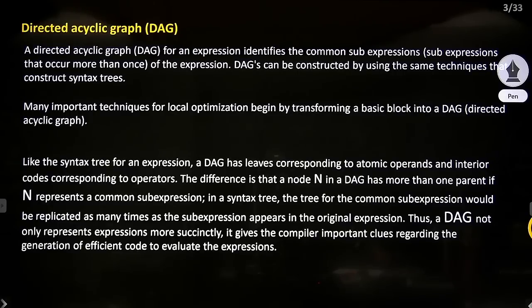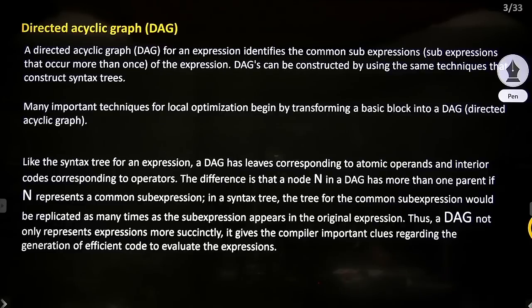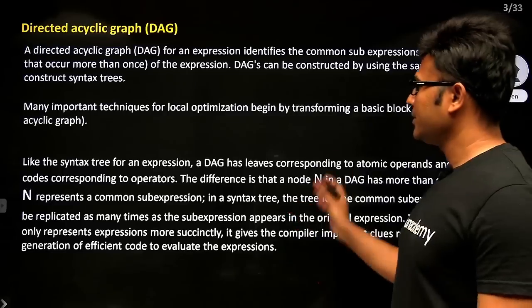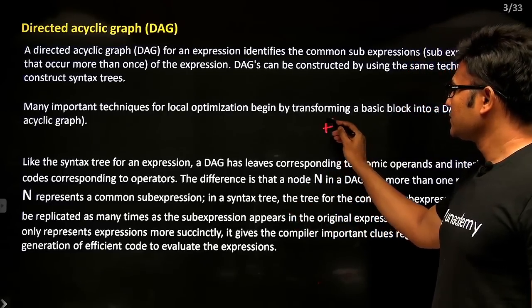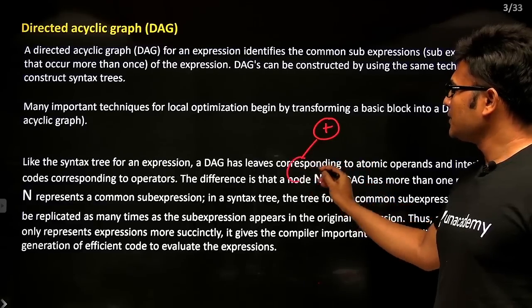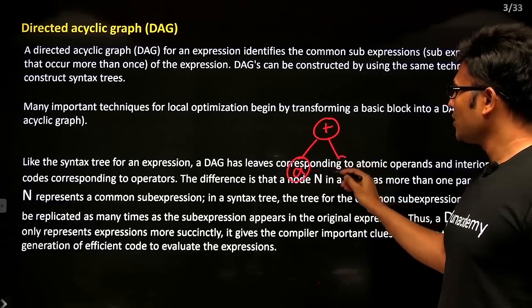The difference is that a node n in a DAG has more than one parent if n represents a common sub expression. Let us assume that there is a plus b which is already computed.